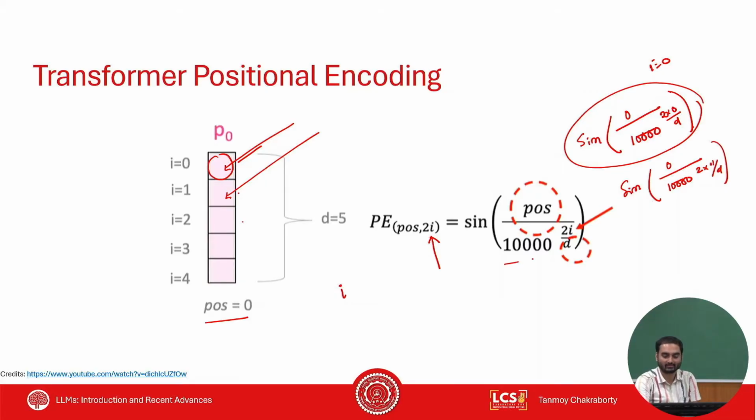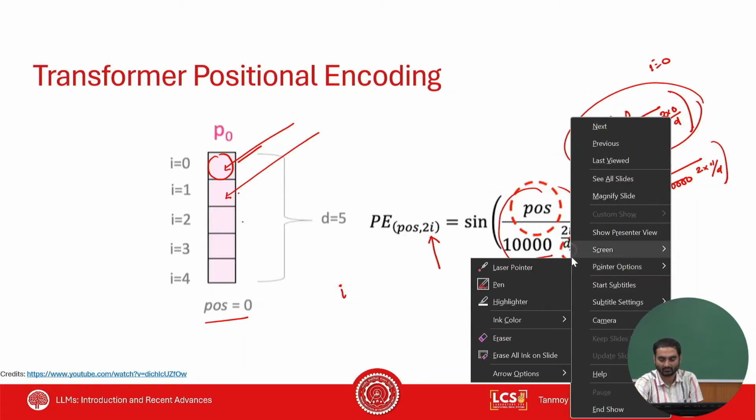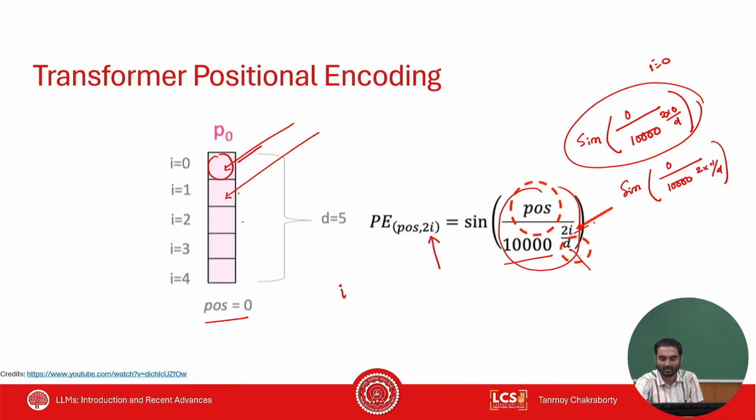You may ask why this number 10,000 is coming here. This is just a number that they proposed, and this value determines the frequency of the sine wave, isn't it? Think about it. d is fixed. If i equals 0 or i equals 1, i is a small number, then the frequency will be high.